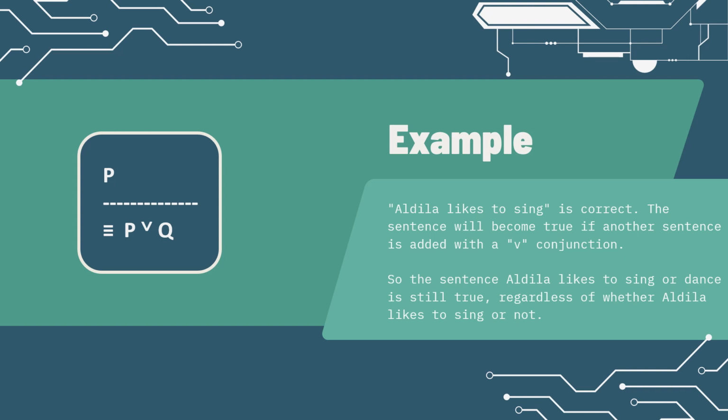This is because disjunctive addition allows us to add possibilities, and in this case, we added the possibility that ALDILA likes to dance.